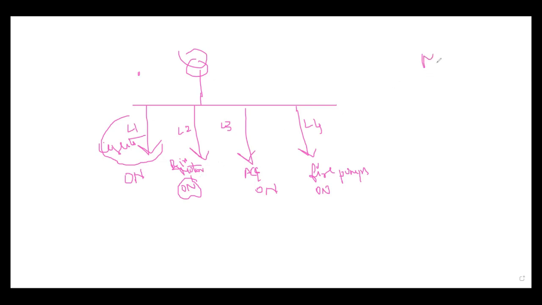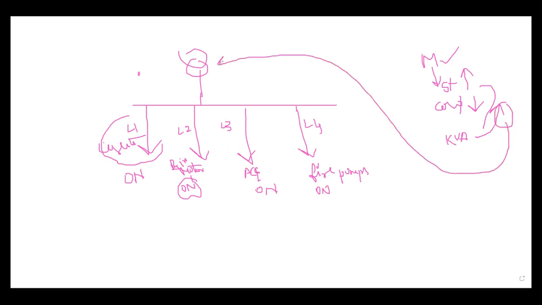You know that when the motor is turning on, the starting current of the motor is very, very high, and the power factor is very low. As a result, the kVA rating of the motor is much higher compared to its normal rating, and this extra kVA will impact the transformer for some period of time, that is a transient.